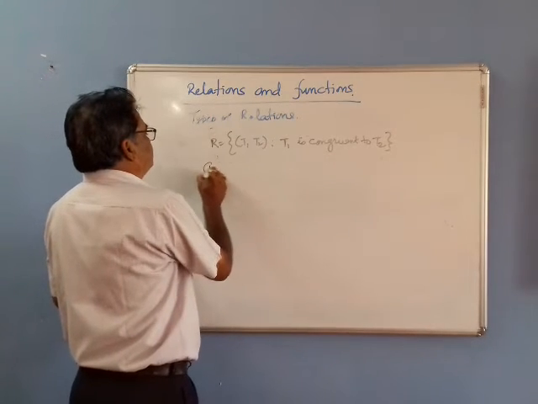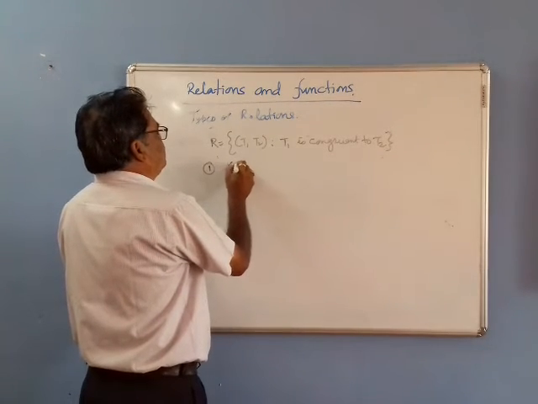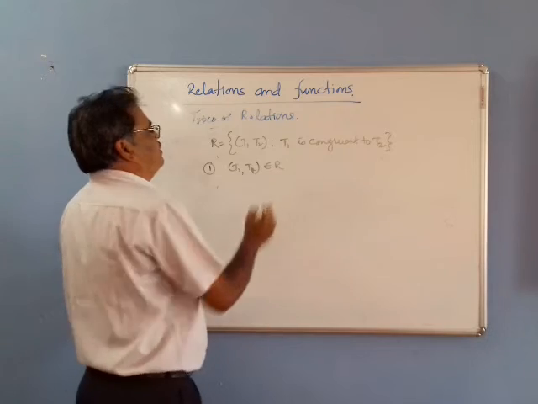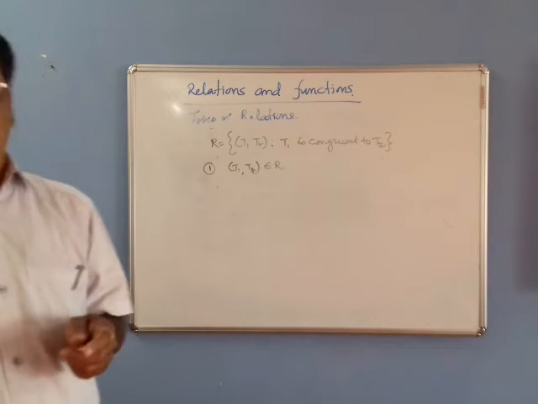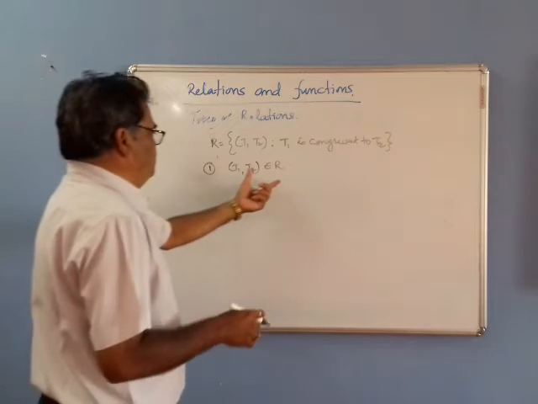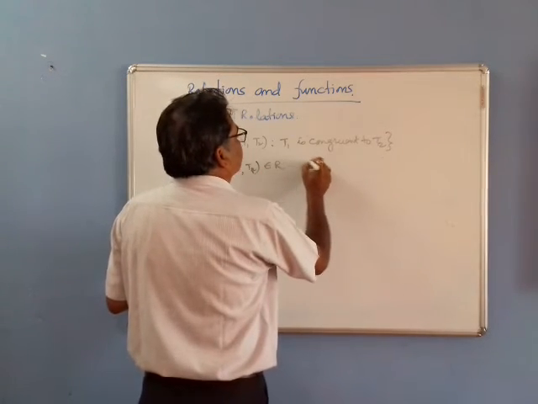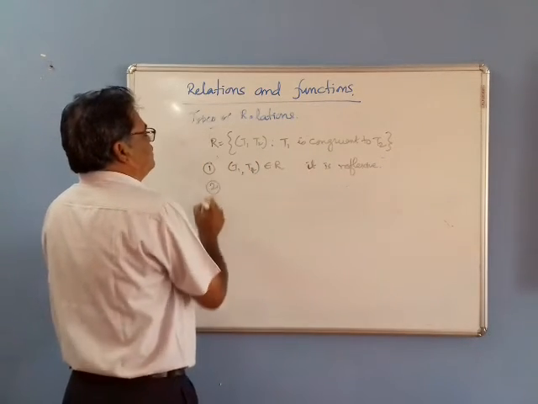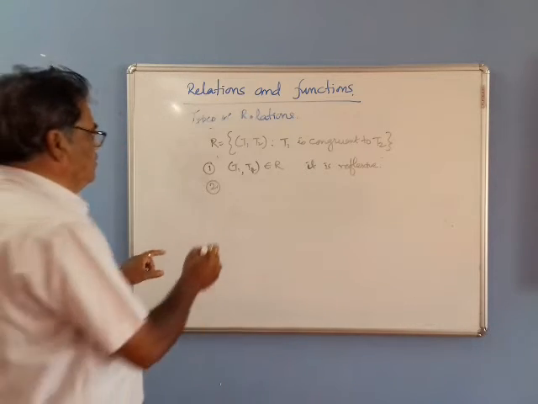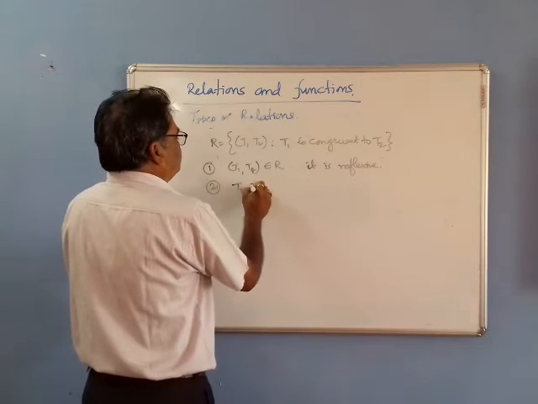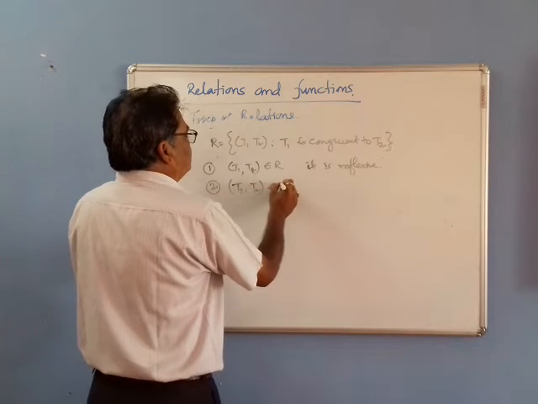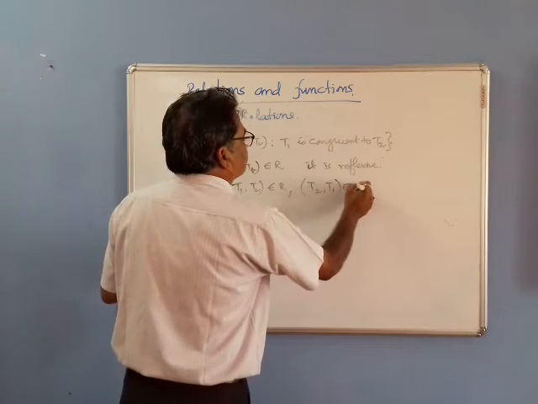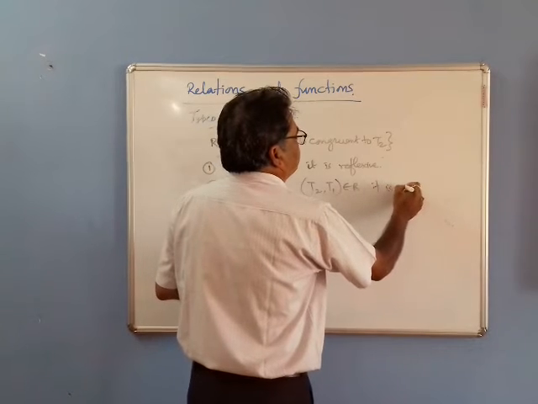First one is reflexive. (T1, T1) belongs to R. Why? Because any triangle is congruent to itself. Therefore it is reflexive. Second is symmetric. If triangle T1 is congruent to T2, then T2 is also congruent to T1. Therefore it is symmetric.